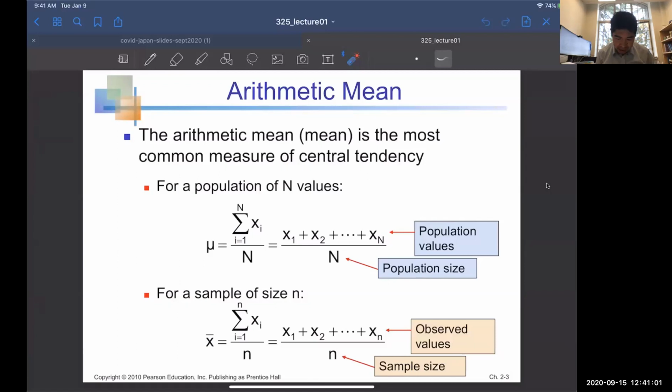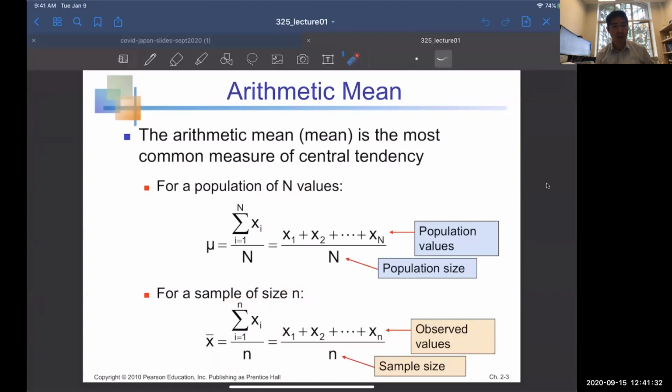A sample of size n, with a lowercase n, is smaller than the uppercase N, which is the number of all Canadian households. Then you compute the average, which is the sample mean. We're going to repeatedly come back to the sample and the population later.